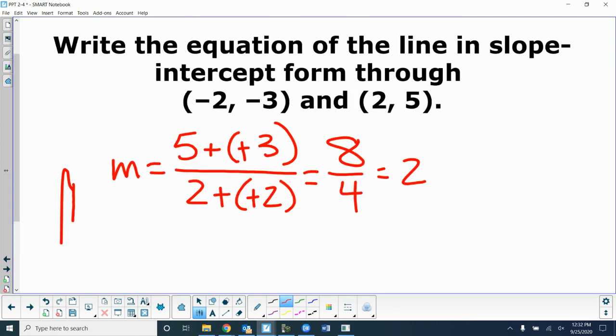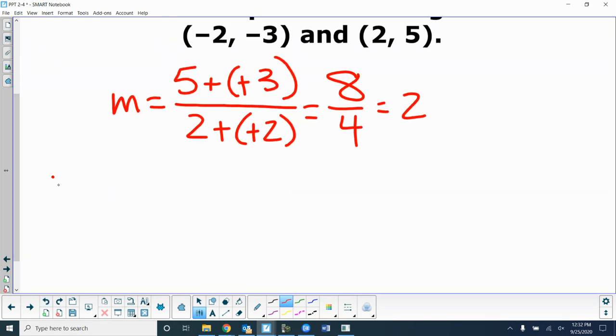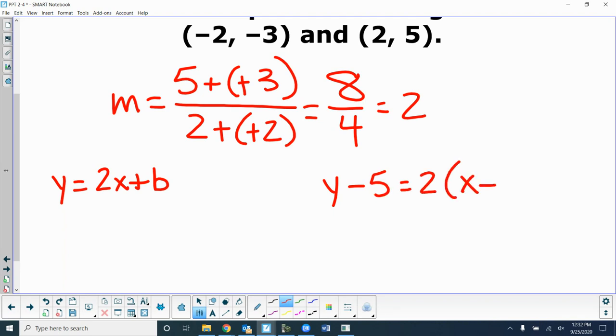So, y equals 2x plus b, or y minus, I'll use that point 5, equals m times x minus x1. Okay? So for this one, I'm using that point. For this one, I'm going to use this one.